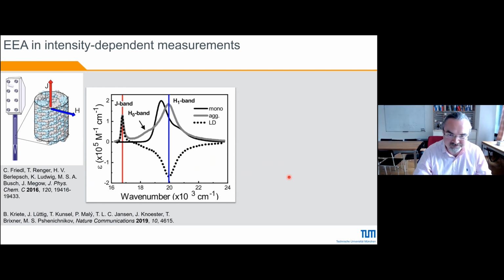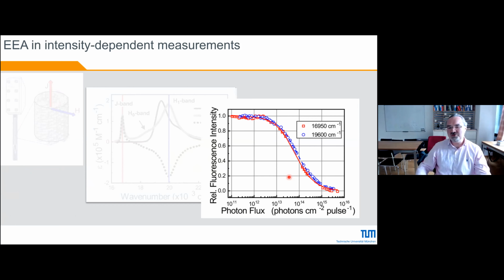Now, if you do a fluorescence measurement, a very simple measurement, you just excite at either the H or the J band, then you will see that your fluorescence intensity may get less when you hit it too hard. So when you normalize to fluorescence yields, the number of photons that come out for low intensities, you get a value which is fairly constant, and then it goes down rapidly.